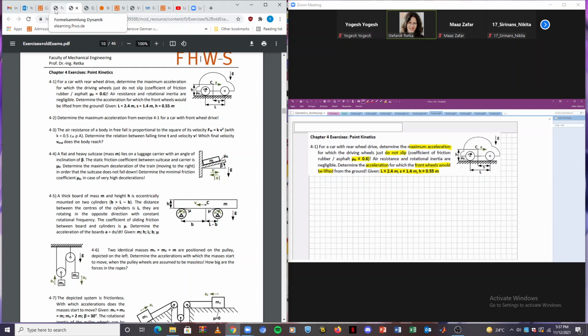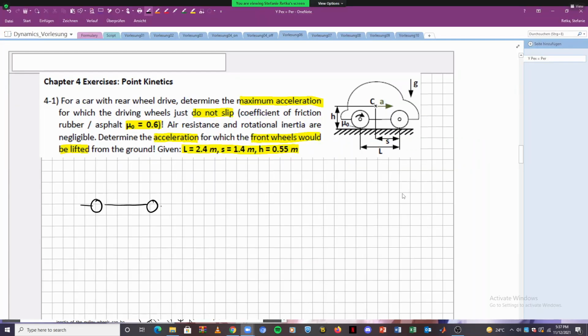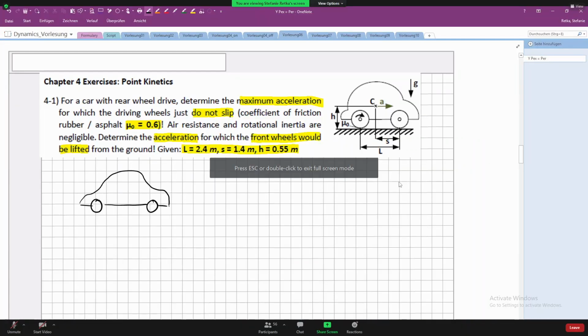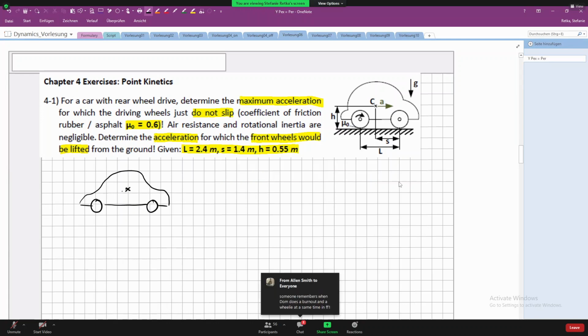Okay, so how to approach this problem? Of course, again, we will start with our free body diagram. So that's the car.